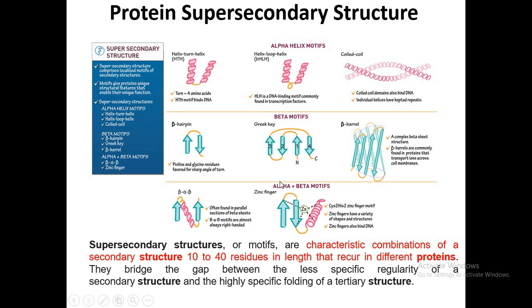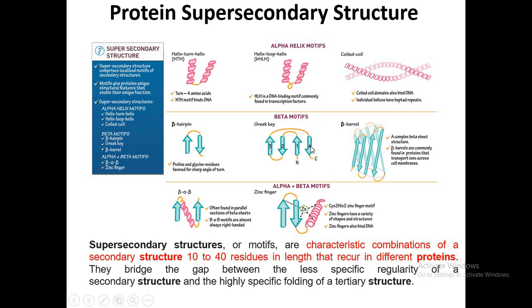And what are the super secondary structures? There are different ways by which a protein can exhibit super secondary structure, and we call these ways motifs. So a protein can have the alpha helix motif, beta motifs and the alpha beta motifs.